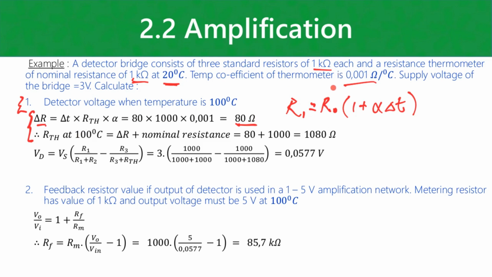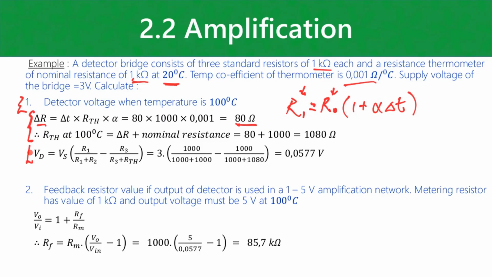So there you have your initial temperature at 20 degrees C, and then your final resistance at 100 degrees C. Your change in temperature would just be 100 minus 20, which is 80. So pretty straightforward, not too difficult.